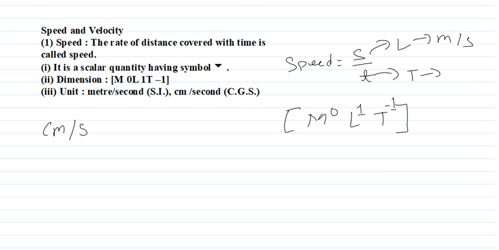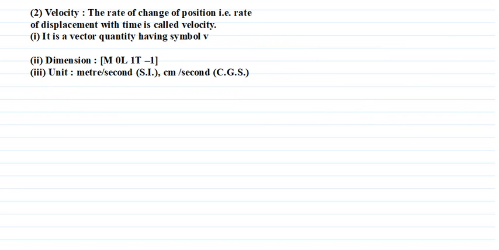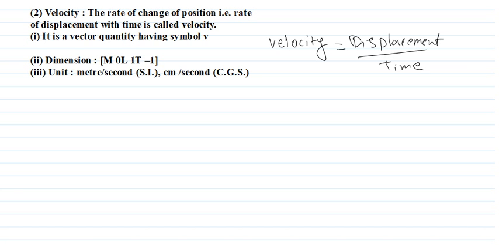Now the next one, velocity. Velocity is just speed with a direction, which means it is a vector quantity, and velocity is the rate of change of position. Basically it is the rate of change of displacement with respect to time. So the velocity will be displacement upon time. And what will be the dimension?